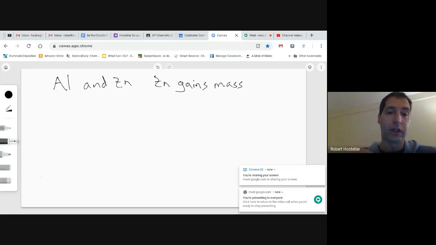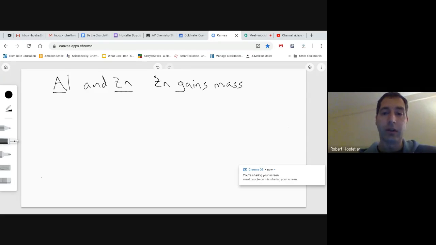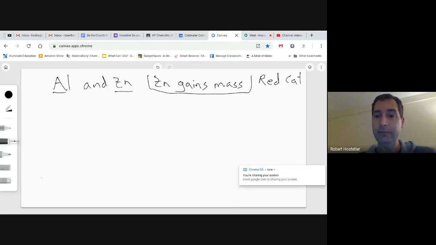So let's assume that we have two electrodes, aluminum and zinc, and all they're really going to tell us is that the zinc is the one that gains mass. Now we know from earlier that reduction occurs at the cathode, and the anode is where oxidation happens.